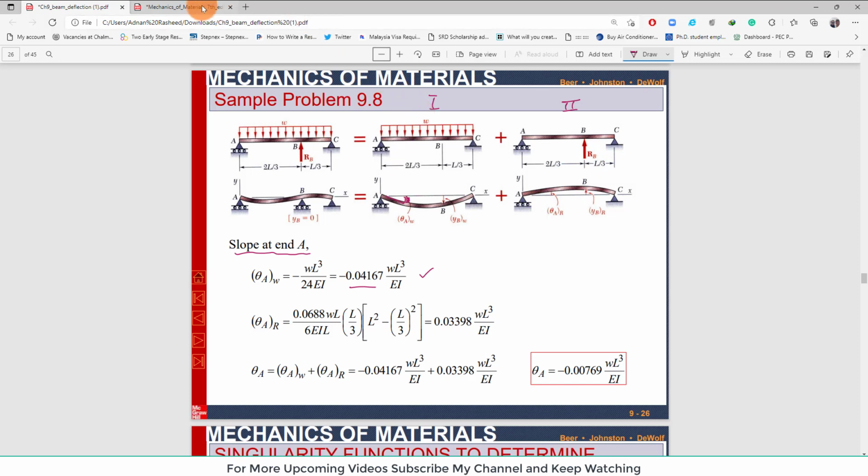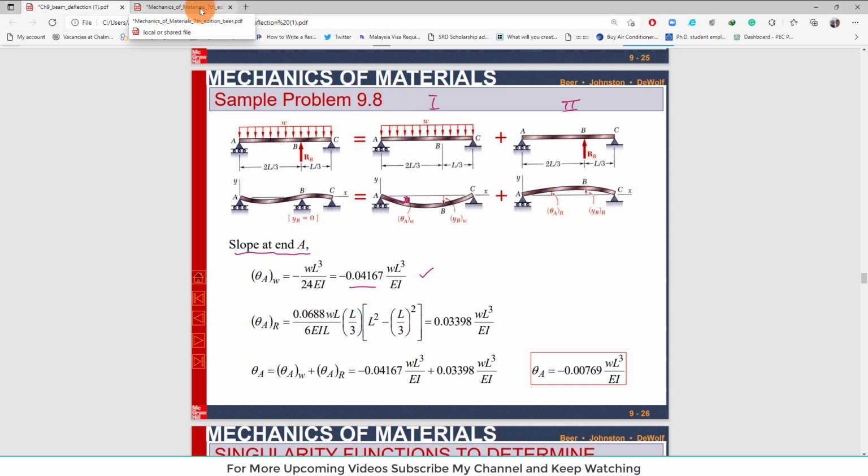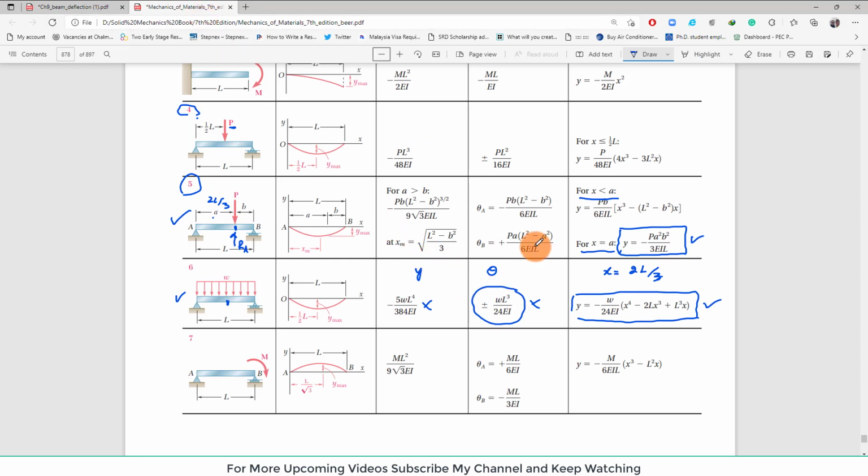So we will move toward that table, that is this table. So you can see we have two equations, one is this and one is this. So at point A and at point B. If you are finding at point A, you will use this equation, and if you are interested in point B, you will use this equation. So at point A we will use this equation, clear, but this is negative because the load is downward.